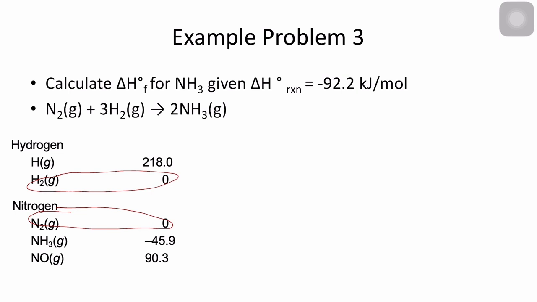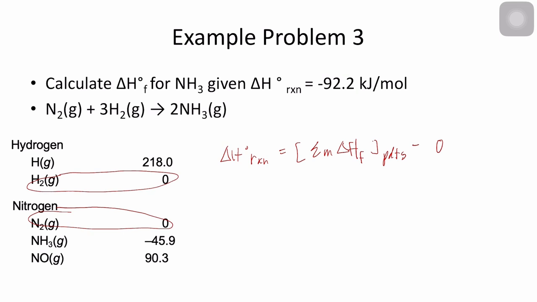So when we set up the equation, it will just be the standard heat of reaction and then the summation of moles and the standard heat of formation of the products minus 0, because for the reactants the standard heats of formation are 0, so everything will just be 0.